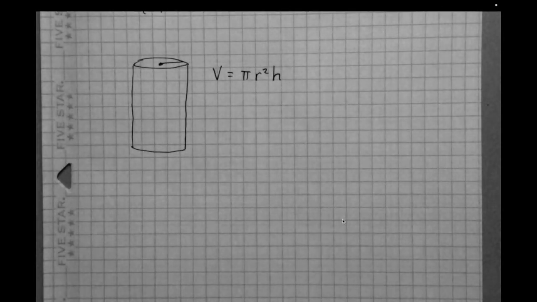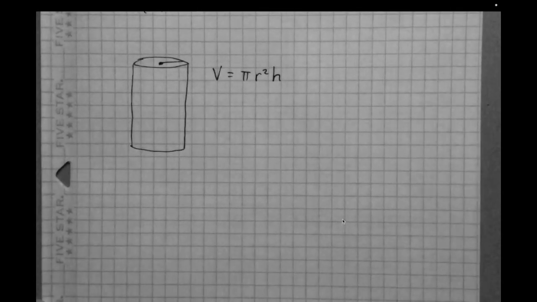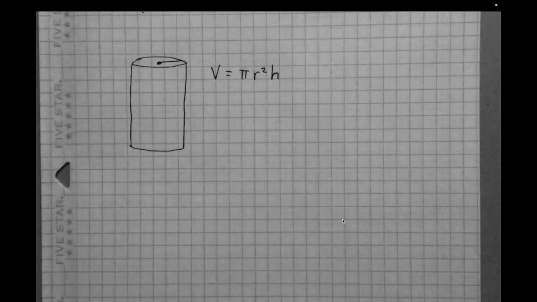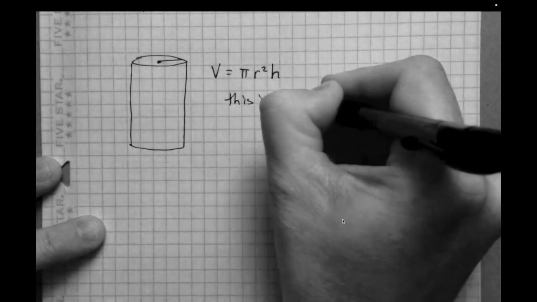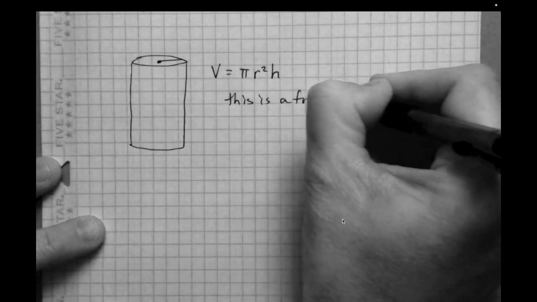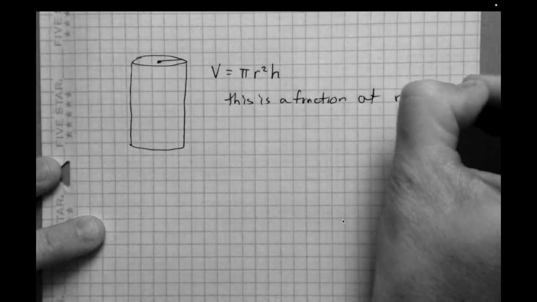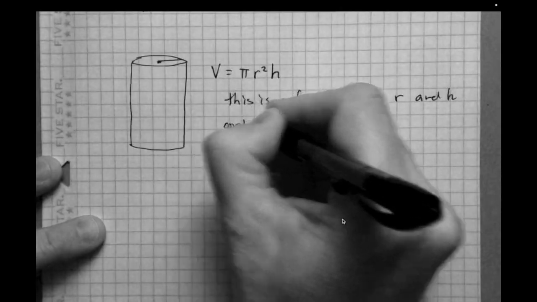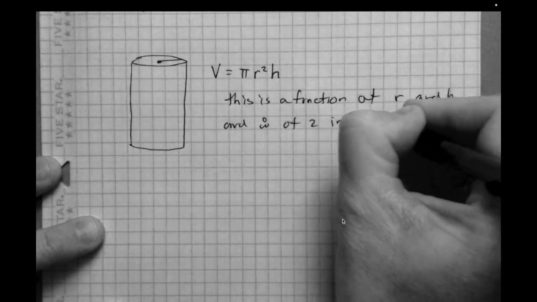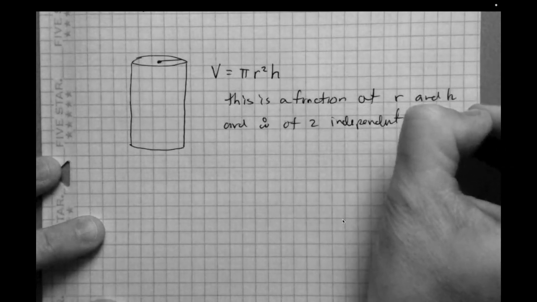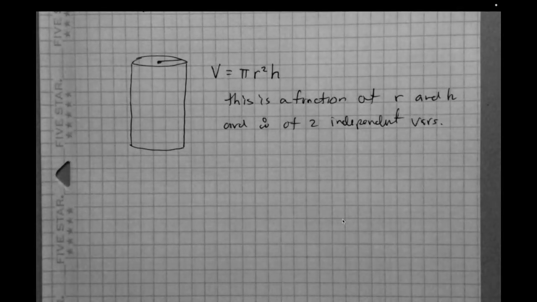And so this is really a function of two independent variables, r and h. Okay, so this is a simple example.